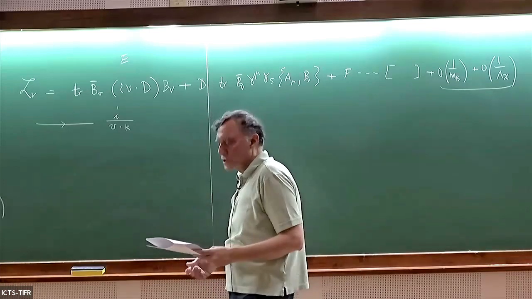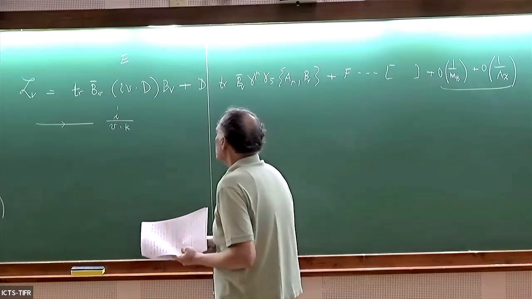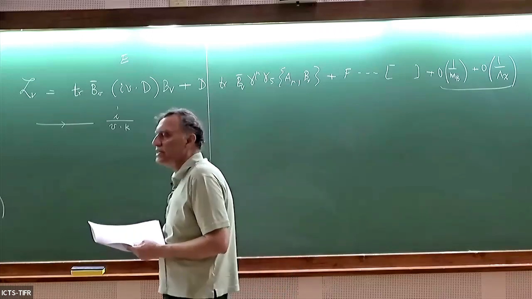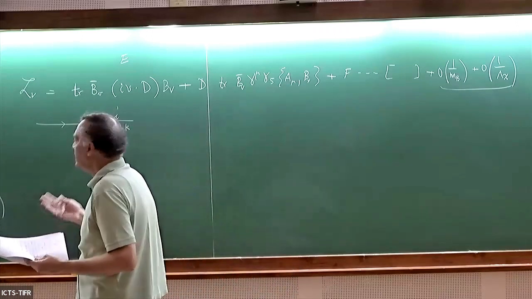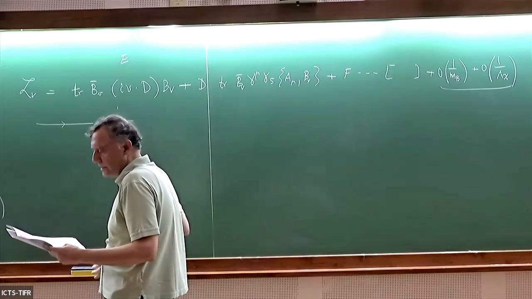Okay, so we saw when we were doing Weinberg's power counting rule for mesons that the meson propagators were 1/p squared. Here, the baryon propagators are 1/p, or k as I call them.